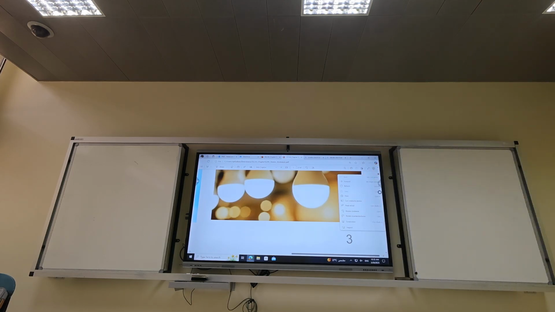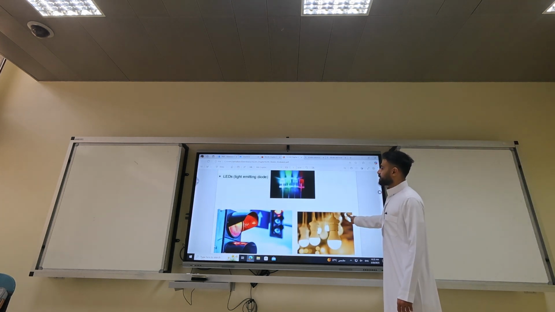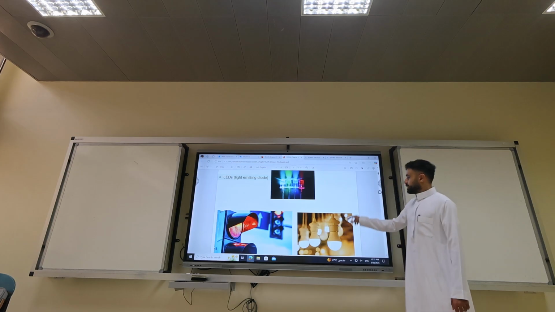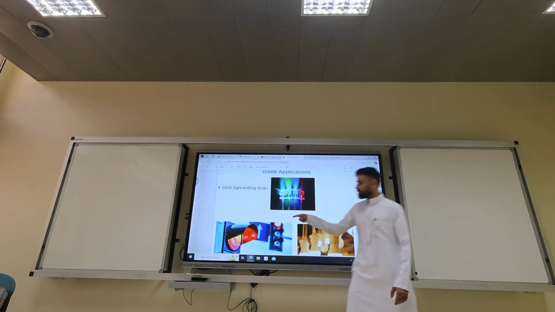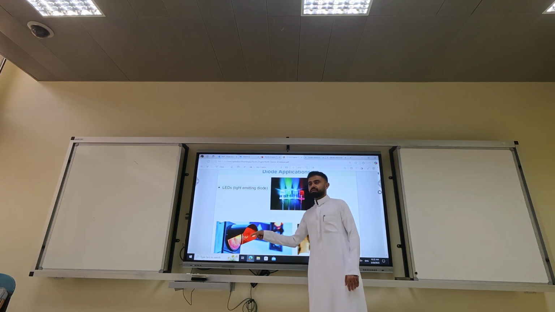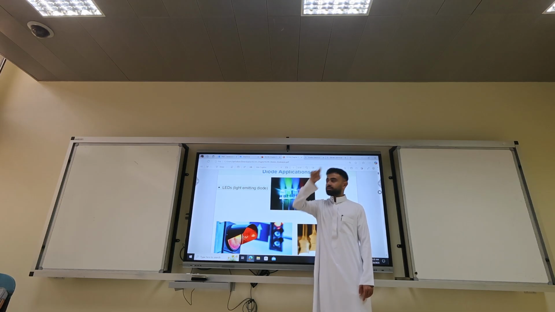Types of diodes. Special type of diodes called light emitting diode. Okay? إشارات. Now, every time you go to a traffic light, try to look at the traffic light. This is the old style. The new style is small lights, صح؟ طيب. دوائر. ليد.